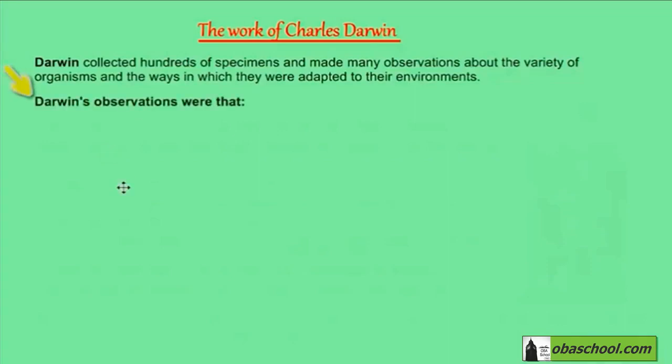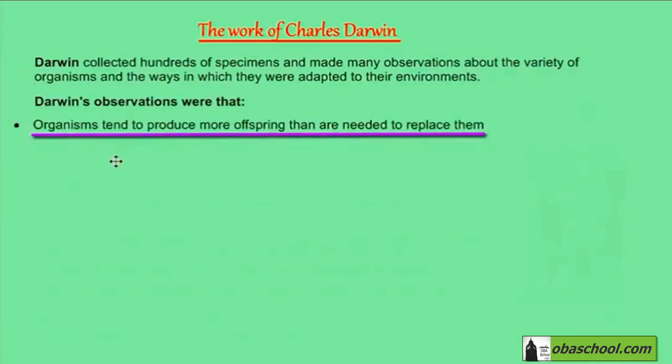Darwin's observations were that organisms tend to produce more offspring than are needed to replace them. So Darwin saw that the organisms are producing more offspring than needed to compensate for other organisms.